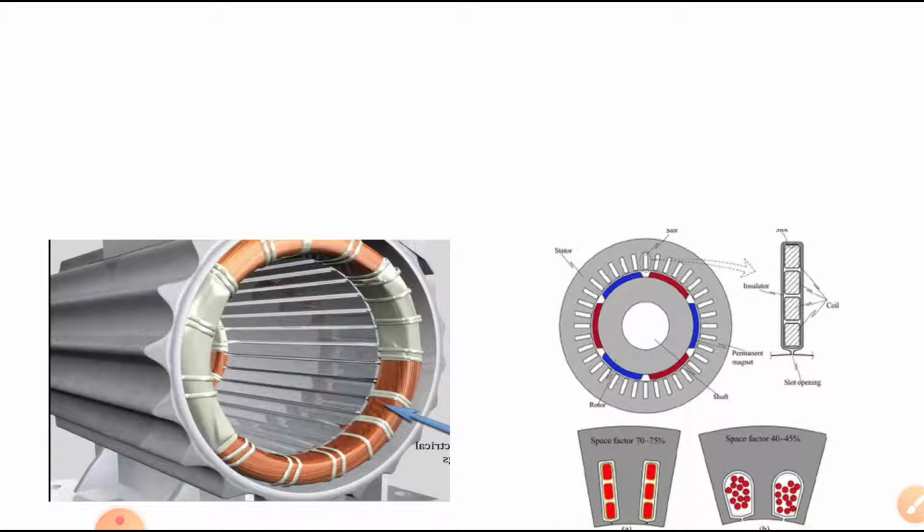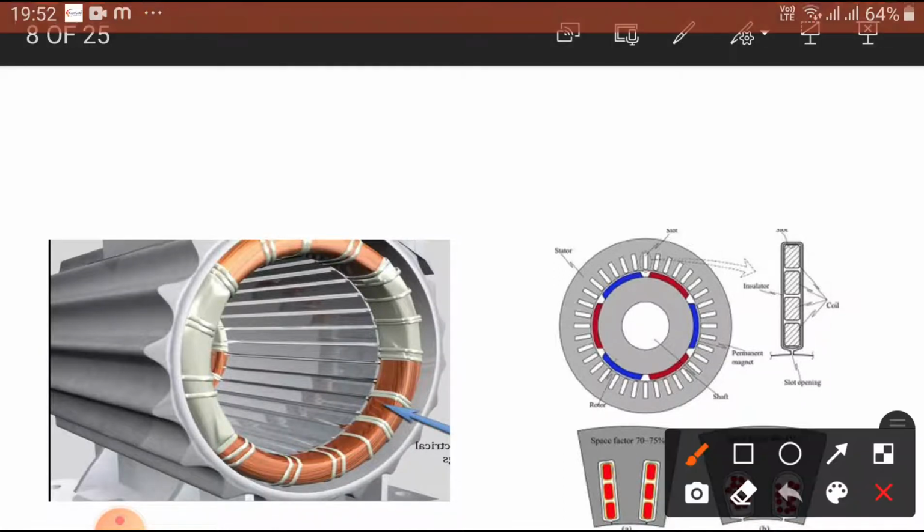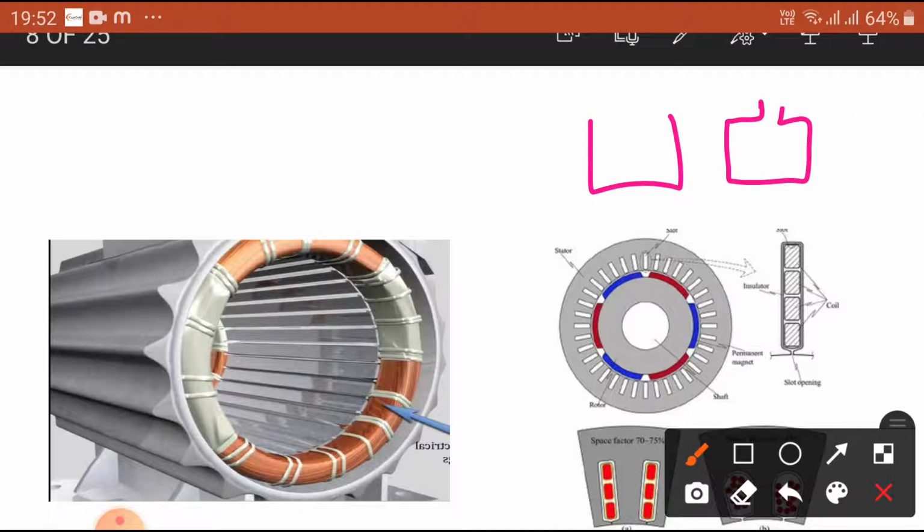The slots may be open slots, semi closed slots, or closed slots, as we discussed previously. Here this is an open slot, this is semi enclosed, and these are closed slots.